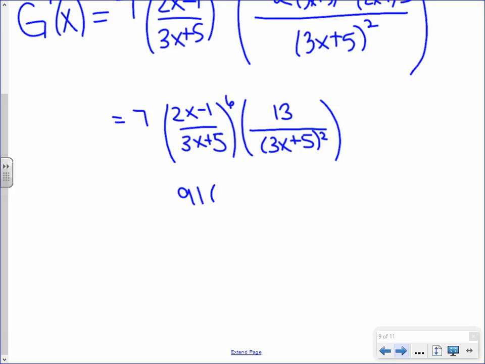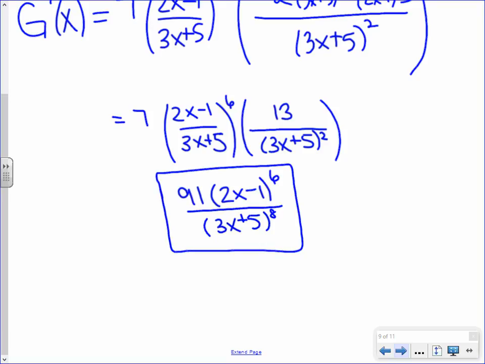You can take 91 times 2x minus 1 to the 6th. Basically, they're going to break apart this numerator to the 6th, this denominator to the 6th. So we have 3x plus 5 to the 6th and 3x plus 5 to the 2nd. So they're going to write it as 3x plus 5 to the 8th.